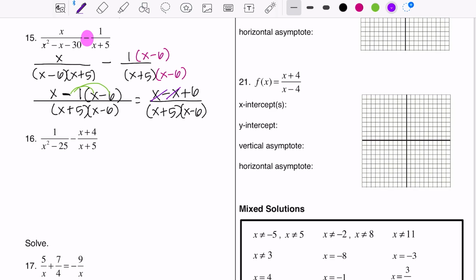X's cancel. And that gives me 6 over x plus 5 times x minus 6. Excluded values, we just have 2. X cannot equal negative 5 or positive 6.